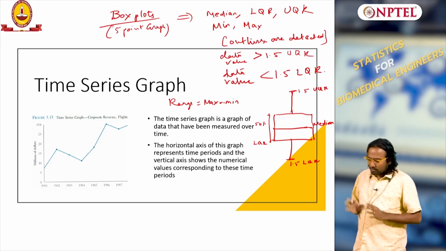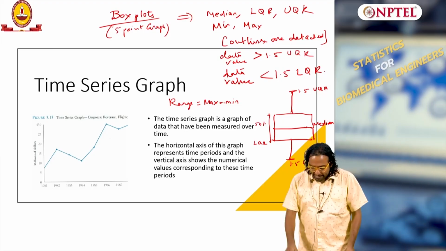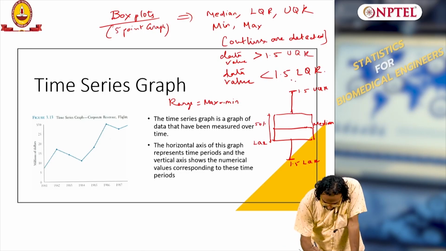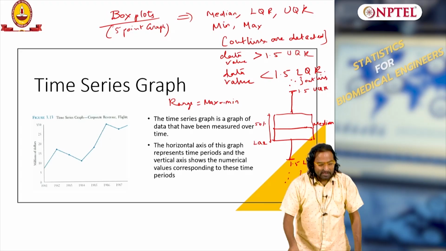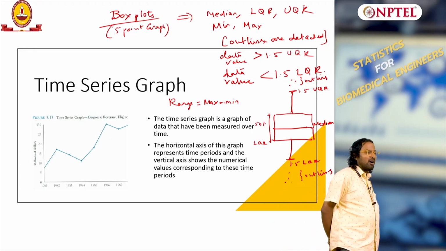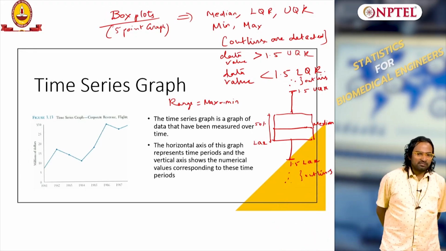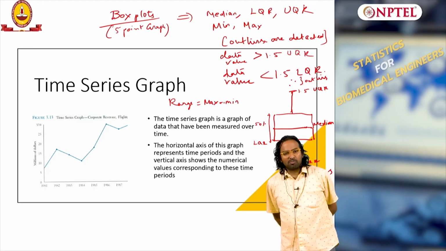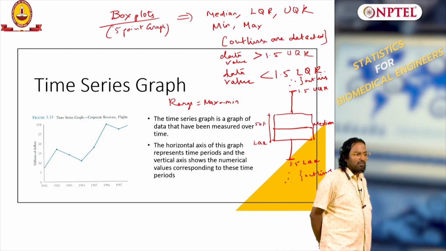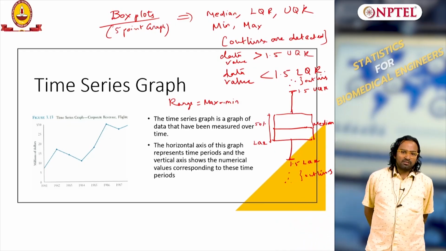So that is the box. Anything beyond this you represent separately and these become outliers. You typically indicate them so that it is clearly outliers. So this is the box plot or box whisker plot. Make sense?